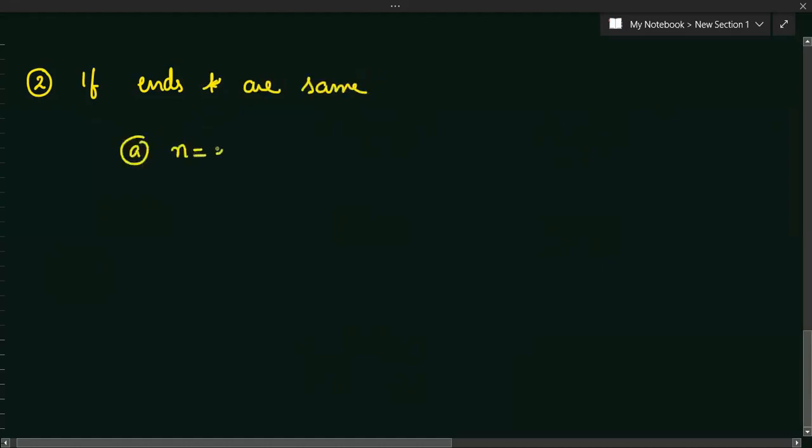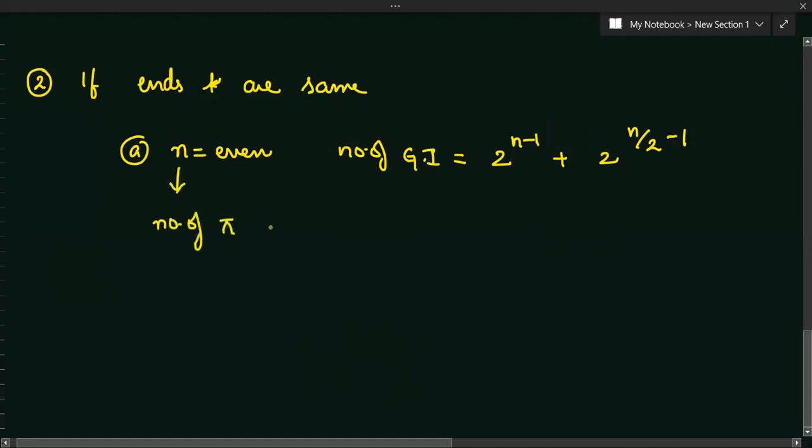Where n is even, we have a formula: the number of geometrical isomers equals 2 power n minus 1 plus 2 power n by 2 minus 1, where n is the number of pi bonds or the number of stereo centers.